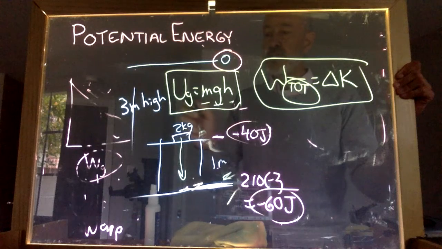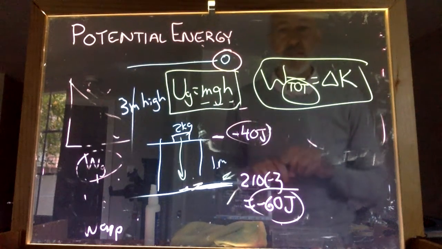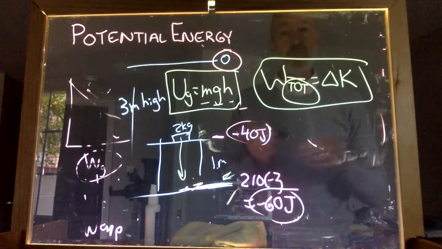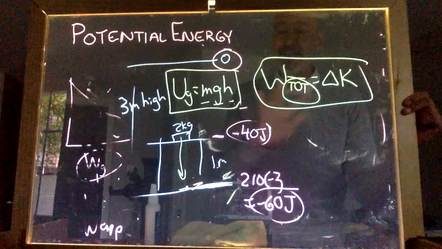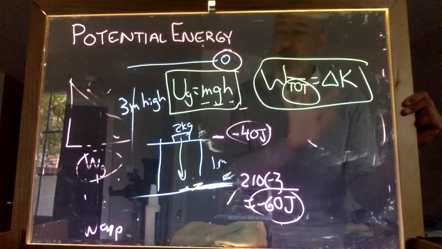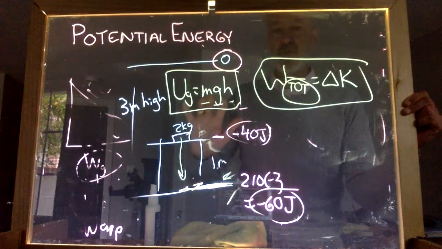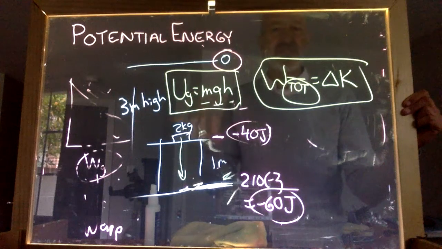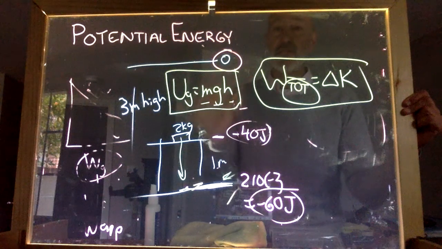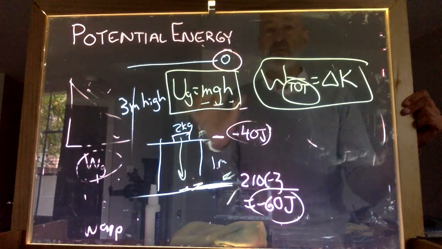We are using this instead of doing the work-energy theorem. So I'll show you problems later that reinforce the fact that it's sort of this or this. This is always true, but this is true if we want to use this as a placeholder to simplify the math a little bit, and we use this in conservation problems, which we're going to see next.